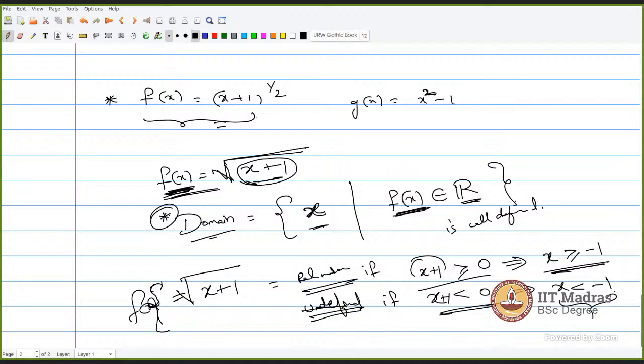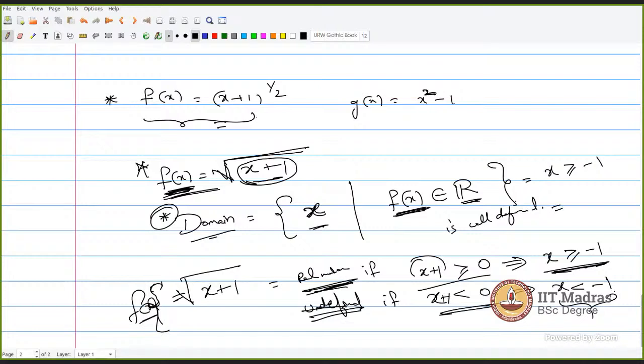So what is the domain now? For x being greater than or equal to minus 1, I am going to get the real values for f of x. So only for values which are greater than or equal to minus 1 is this function well defined. So the domain will be x greater than or equal to minus 1.